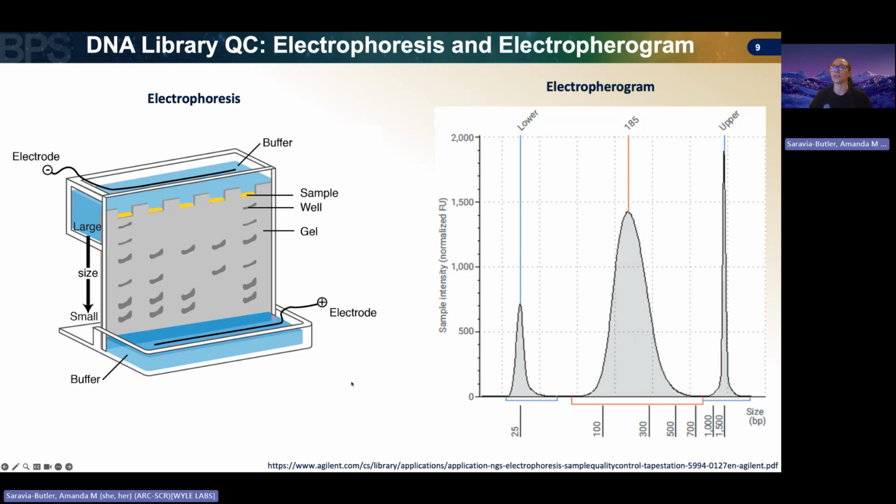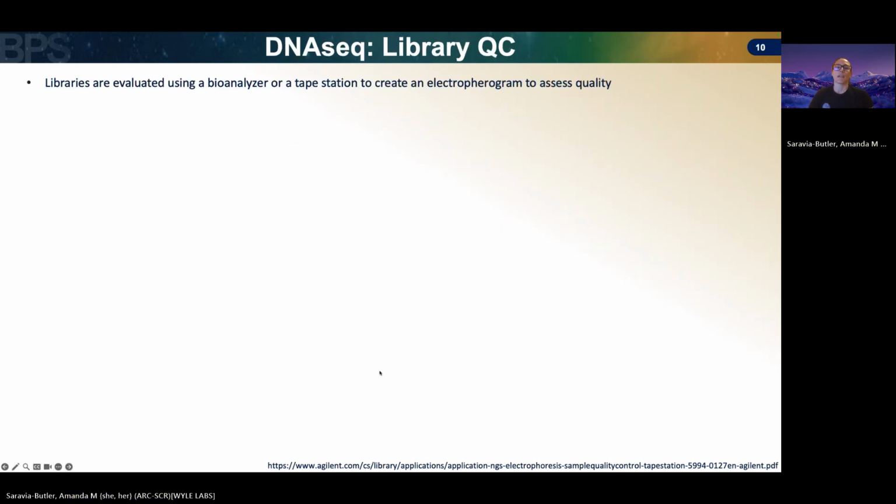So these electropherograms derived from a gel electrophoresis are what we are going to be using to perform a quality check on our libraries that we just created. Although I showed you what it looks like on the macro scale here, that gel electrophoresis has really been minimized into a couple of different types of instruments.